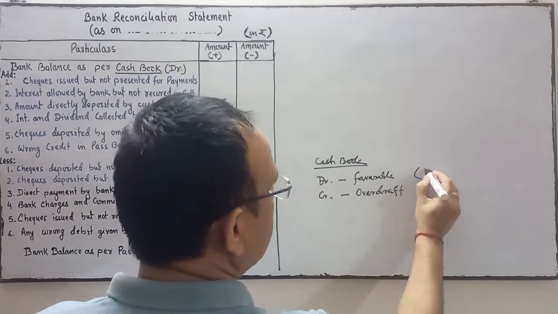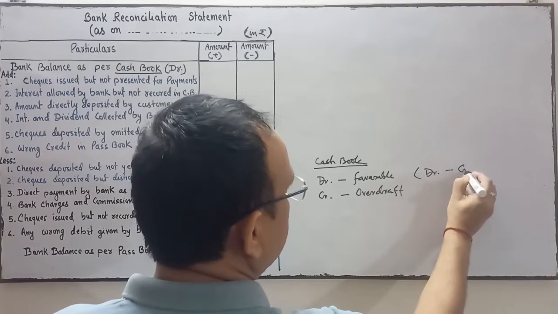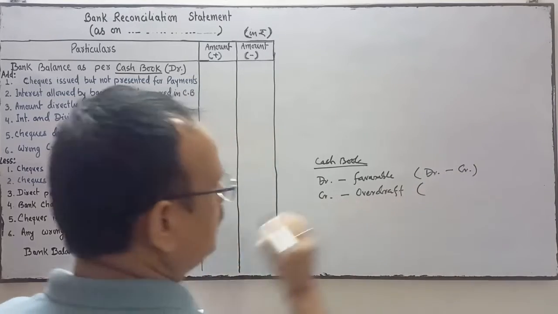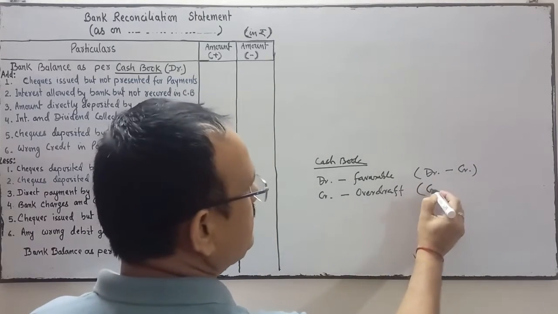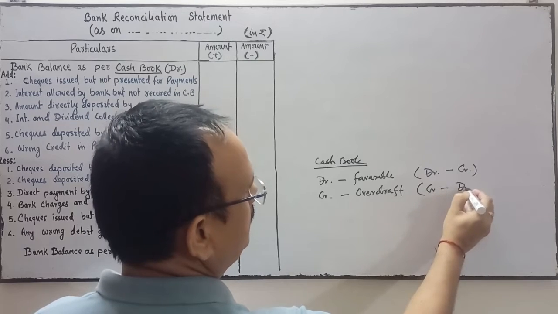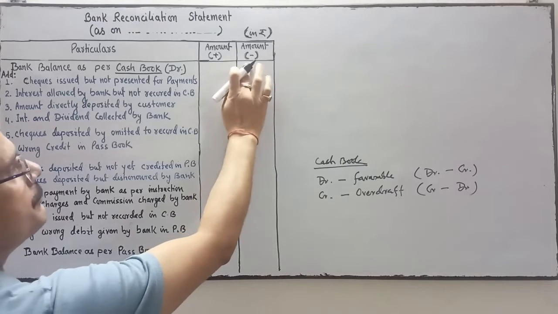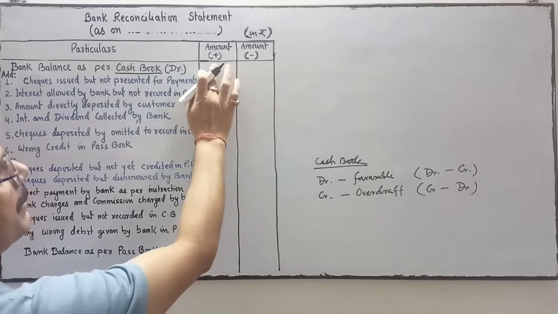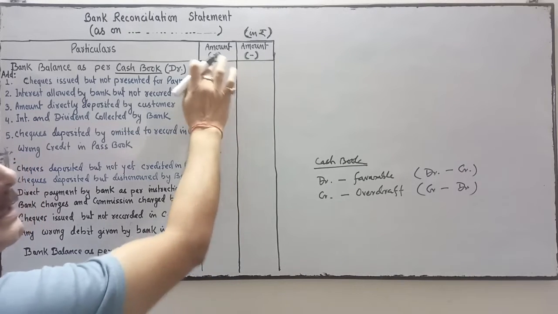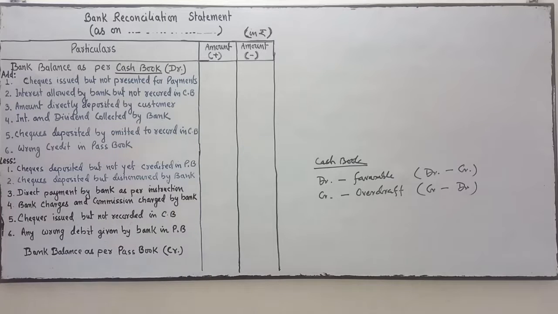Favorable balance means debit exceeds the credit, and overdraft means credit exceeds the debit. So if it's a credit balance, then it's a minus, and we'll write the amount over here, and if it's favorable, then we write the amount over here in the plus column.